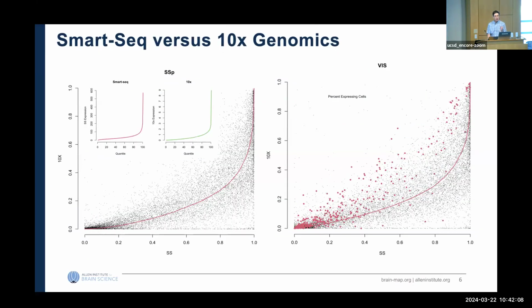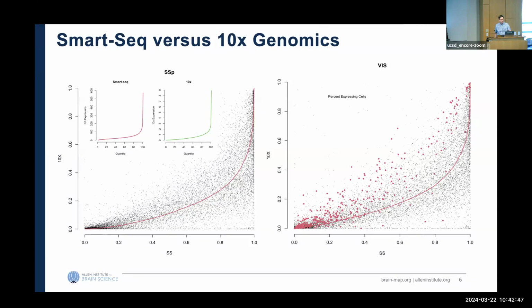This is just a plot showing an example. I'm showing two different regions here: somatosensory cortex, primary cortex, and visual cortex. I'm plotting the fraction of expressing cells using SmartSeq along the x-axis versus using the 10x approach on the y-axis. This curve here is essentially just the mean number of cells at every level, and what's being plotted is the quantile, essentially the fraction of cells expressing.